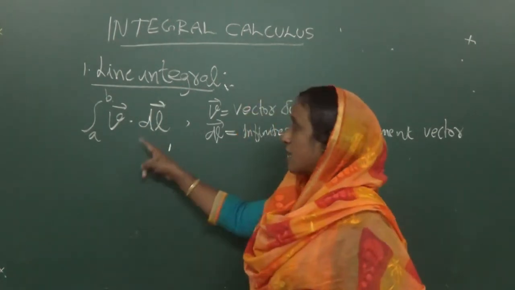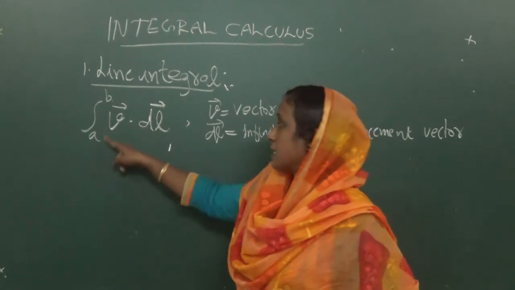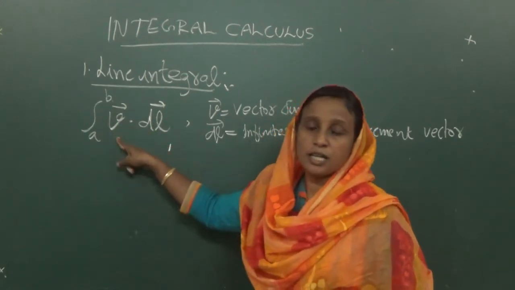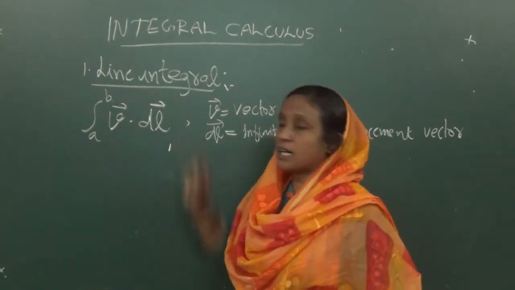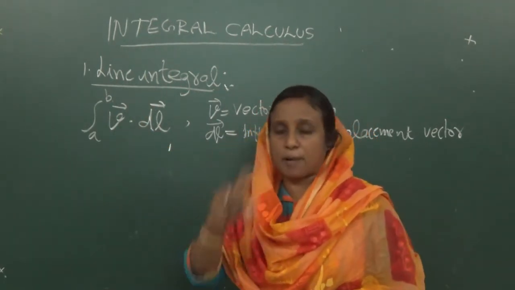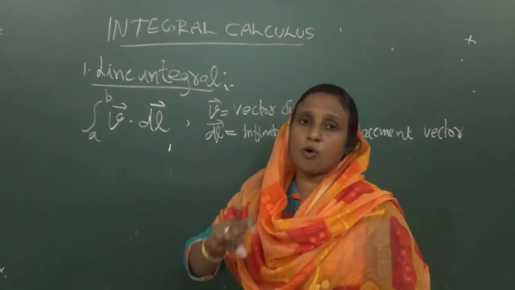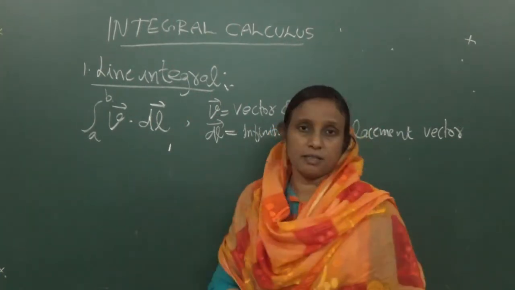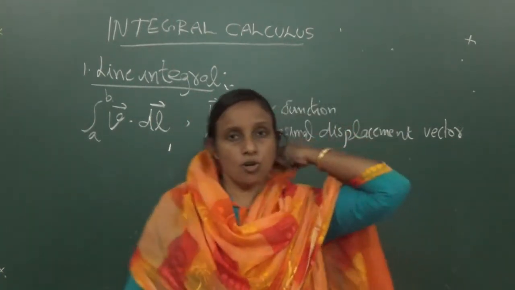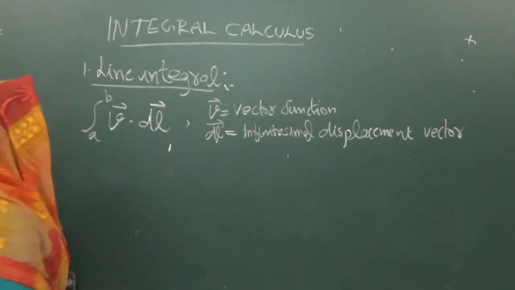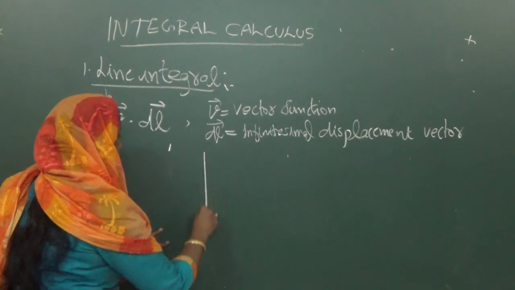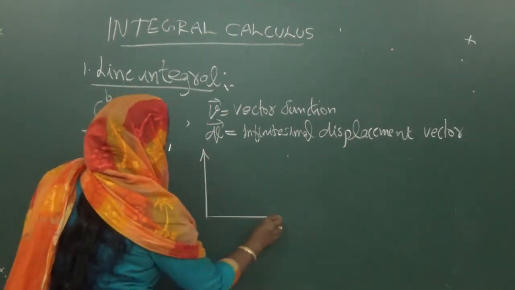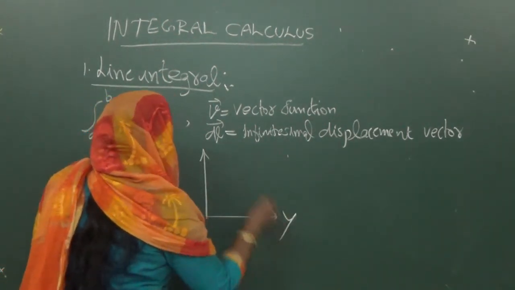So, what is the peculiarity of this integral? This integral runs over a particular path which connects the points A and B. I will show you the peculiarity of this integral. For example, I draw here a YZ plane.